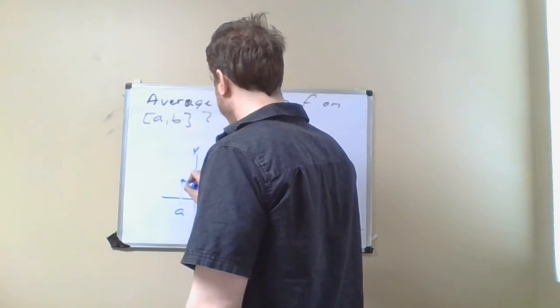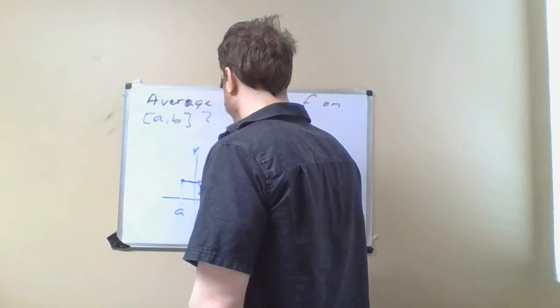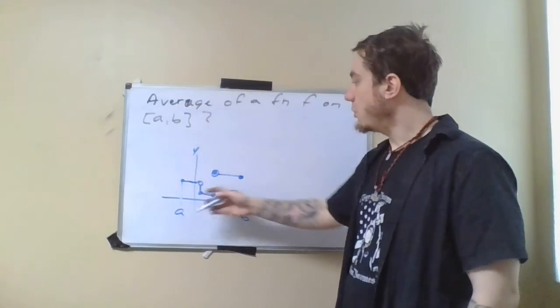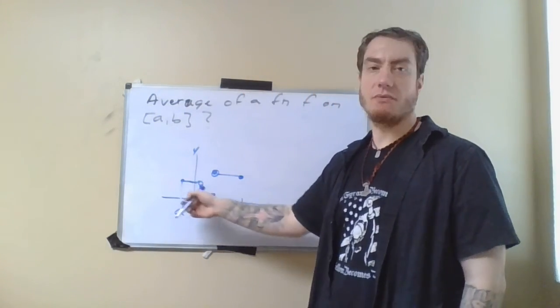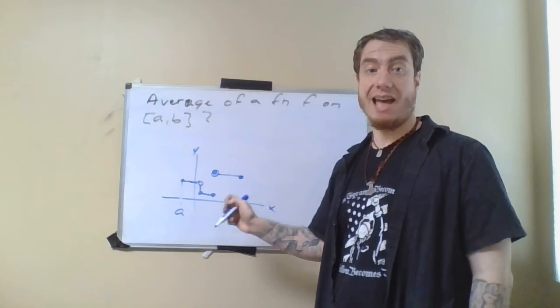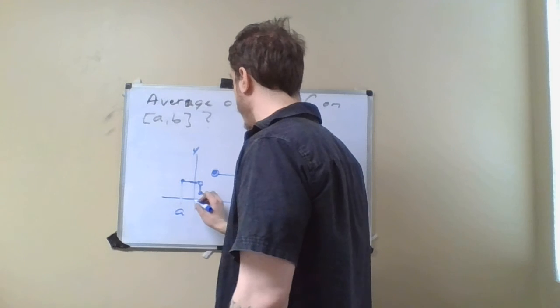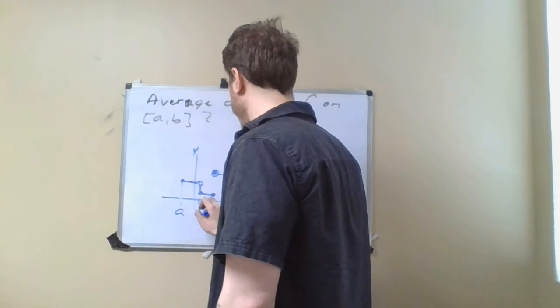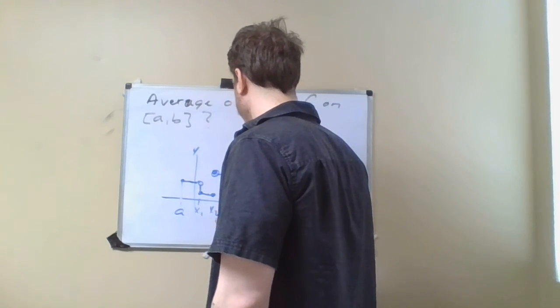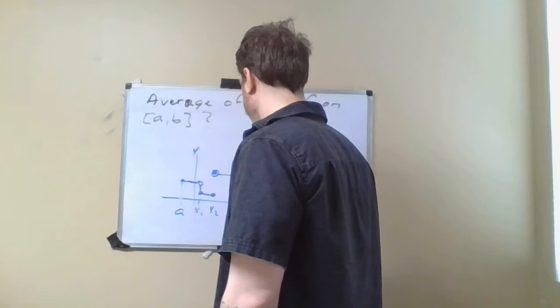given by these different values that it takes, weighted by the length of the interval over which it has that value. In other words, we would say that the average is going to be, let's say this is x1, x2, and so on.